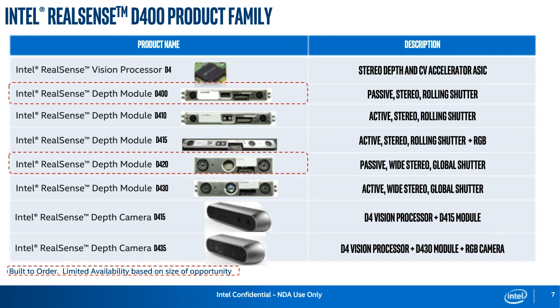What this means is a developer can take our camera, turn on and off the emitters, turn on and off the RGB, and they can go into the environment that they want to use the camera in and see what kind of images the cameras are getting them. This allows them to rapidly prototype a device that they're coming up with or a piece of software that they're designing and make sure it works in the environment that they are in.